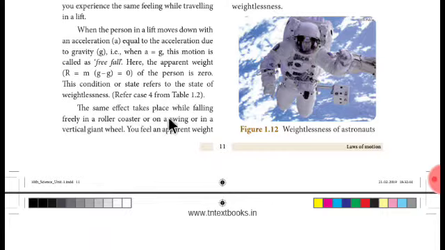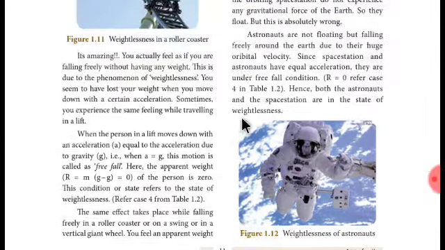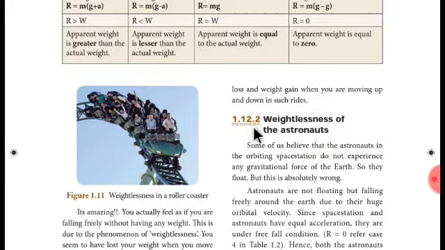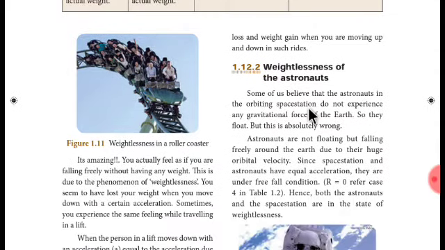The same effect takes place while falling freely in a roller coaster ride or in a swing or in a vertical giant wheel. Giant wheel is nothing but a big Ferris wheel. My Tamil may be a bit odd, so don't worry about that, English will be better. You feel an apparent weight loss and weight gain when you are moving up and down in such rides.